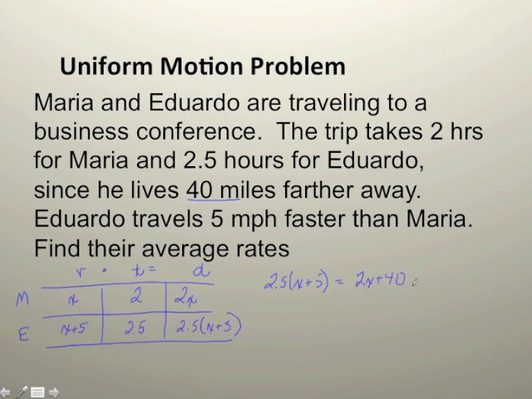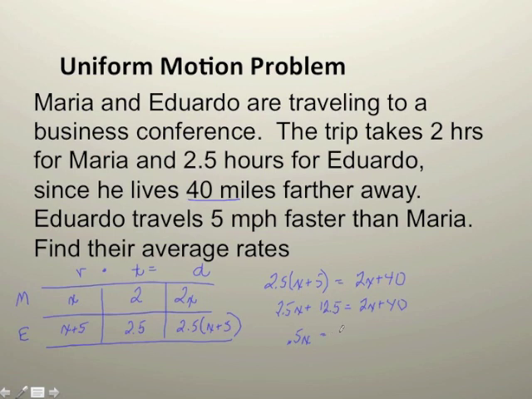That makes him live 40 miles farther away. Working this, I can get 2.5x plus 12.5 equals 2x plus 40.